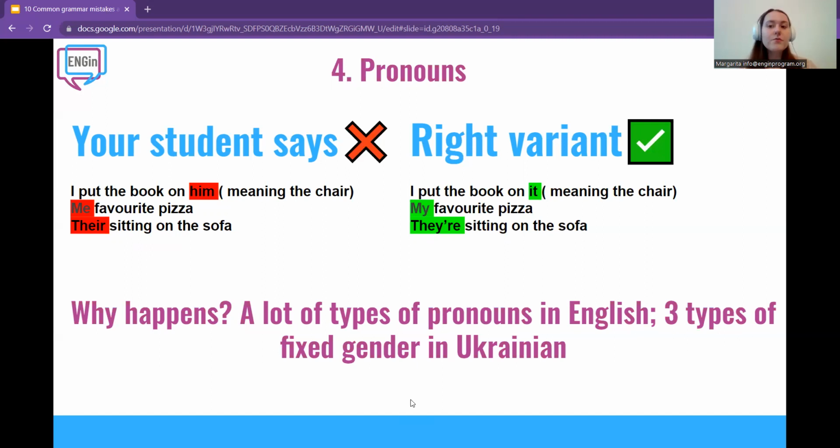Ukrainian nouns are one of three genders, masculine, feminine, and neuter. Every word has its definite gender. For example, in Ukrainian, a chair is considered to be masculine, a shell feminine, and a tree neuter. Thus, you will often hear Ukrainian English language learners speaking of inanimate objects as him or her. And now you know where it comes from.